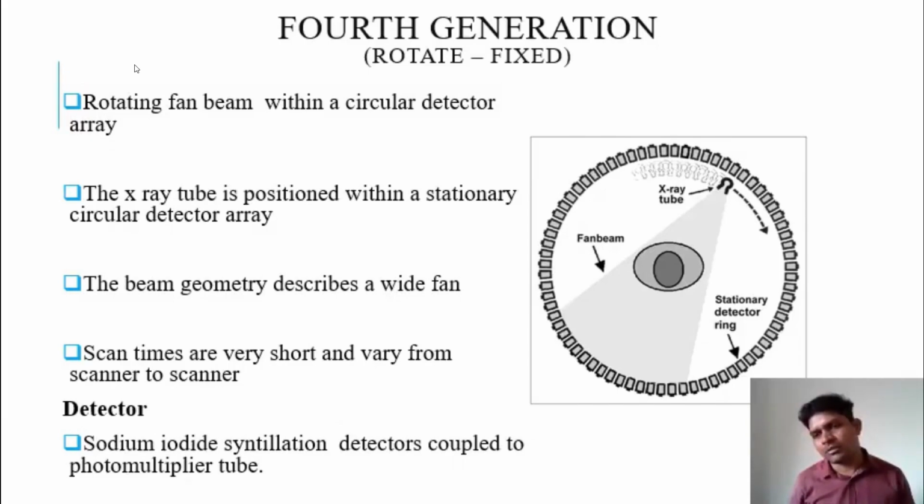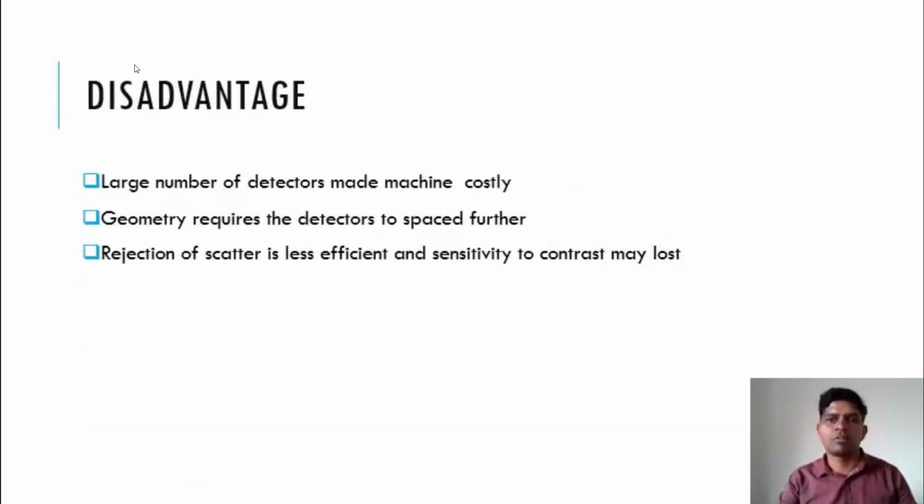The scan time is very short because only the X-ray tube rotates. There will be more accuracy, but the disadvantage was that it was very costly, because fixed detectors mean the whole 360 degrees of the CT gantry has to be fitted with detectors, which is very expensive. Another thing, the geometry and the detector spacing requirements were complicated.